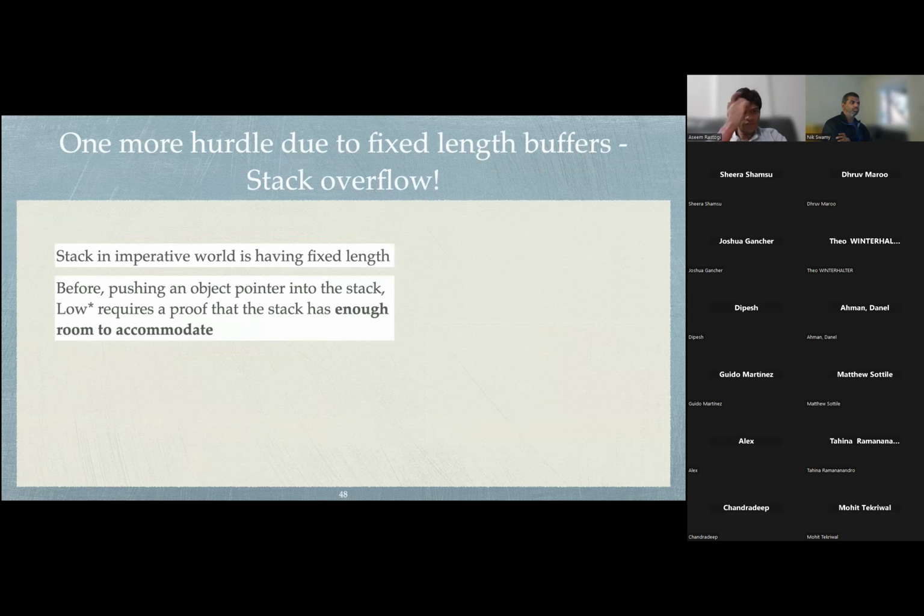That is, we need to prove that the stack will always have enough room to accommodate a white object if one exists, because I made the stack equal to the size of the heap. If any object in the heap is white, that means it is not present in the stack. Since the stack size is equal to the heap size, the stack has enough room to push if a white object exists. So one more proof is required in order to overcome the fixed length buffer hurdle.